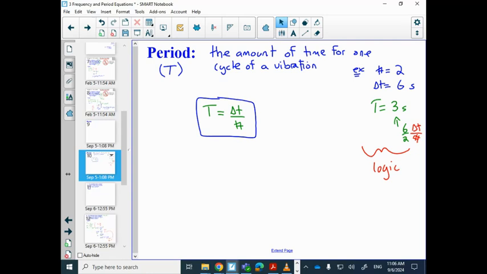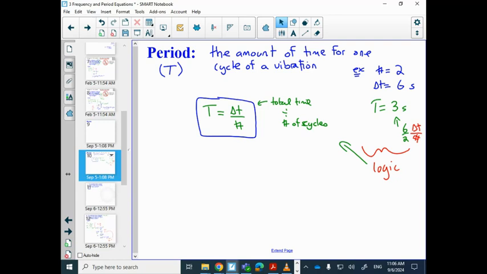So what's working out is this logic of 6 divided by 2 helps us figure out that the period equation is the total time divided by the number of cycles. Again, I think that is very logical. So that's the formula for it.